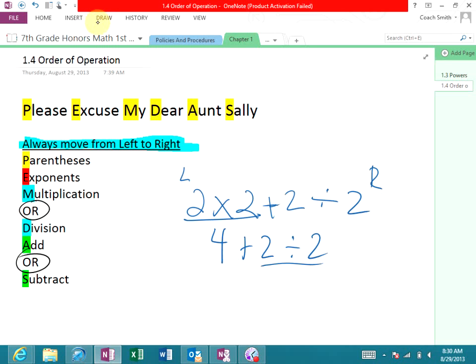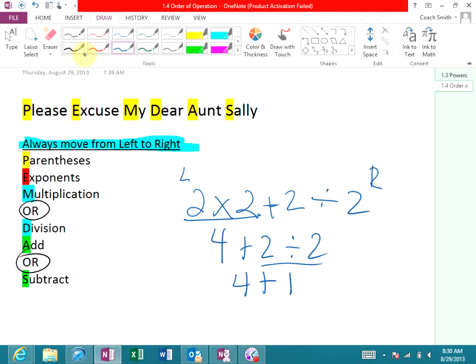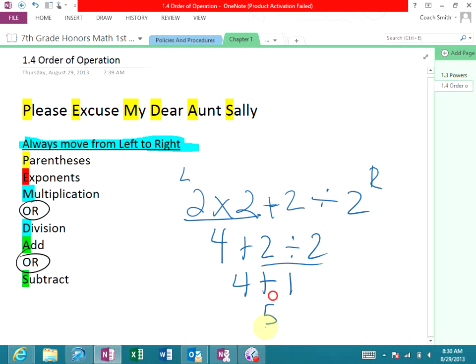Okay, 2 divided by 2 is 1. So now I have 4 plus 1. I only have one operation left, 4 plus 1, which is 5. So my answer to this problem then is 5.